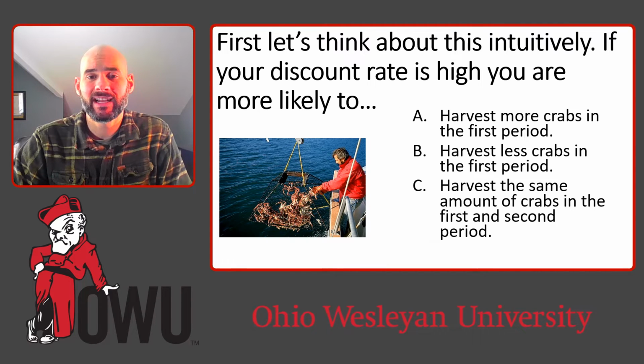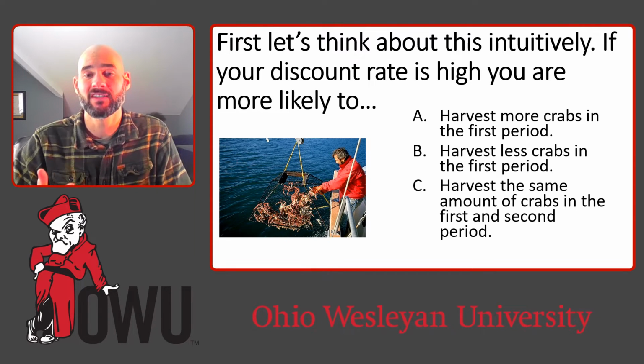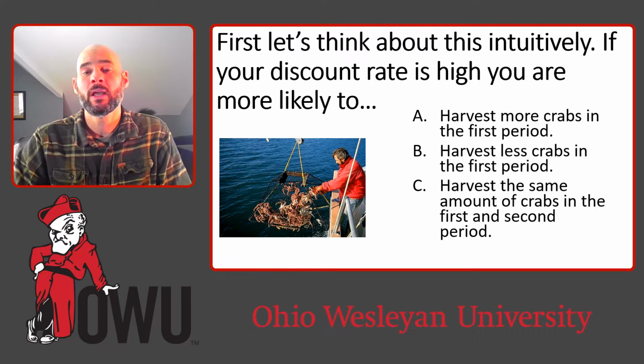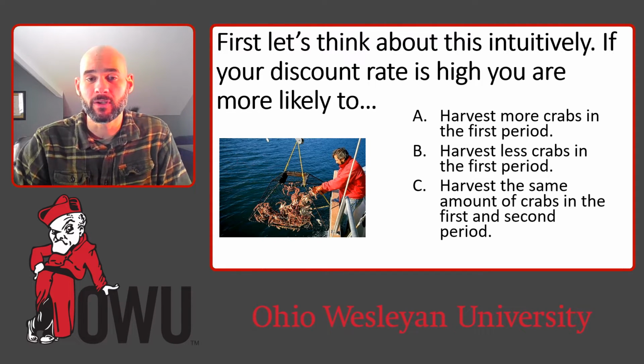So before calculating any answers to this problem, let's think about the intuition behind the role of the discount rate. It's been a couple weeks since we've discussed discounting in economics, but hopefully the intuition is still relatively fresh in your mind that a positive discount rate means that we're going to place more value on costs and benefits incurred in the more immediate future.